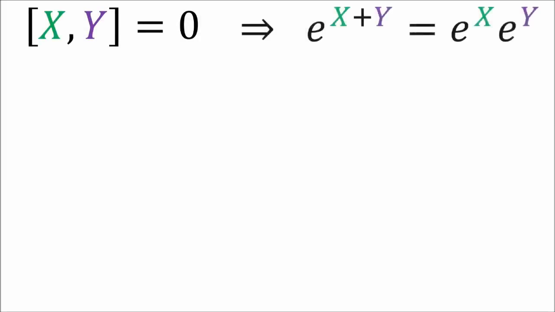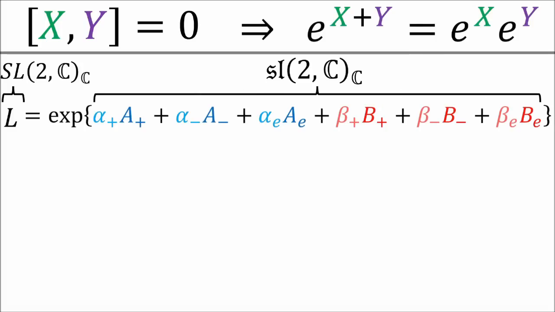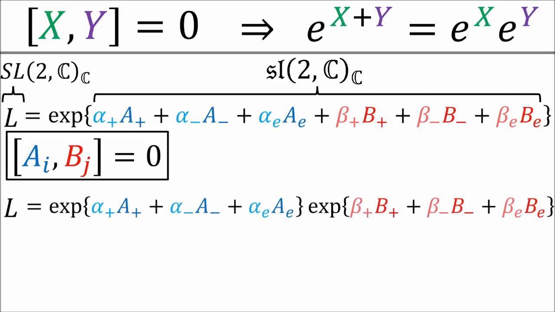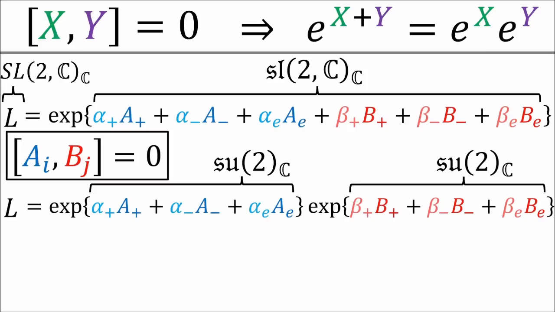Now, recall that if Lie group members x and y commute, then we can use the property where the exponential of a sum becomes the product of exponentials. So if we take the exponential of a linear combination of our SL2C generators, since the A and B generators commute with each other, we can rewrite this as a product of two exponentials, one containing the A copies of SU2 generators, and the other containing the B copies of SU2 generators.